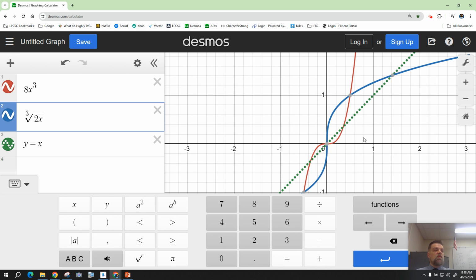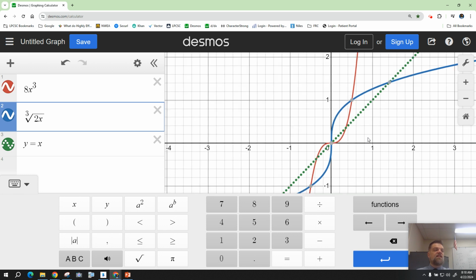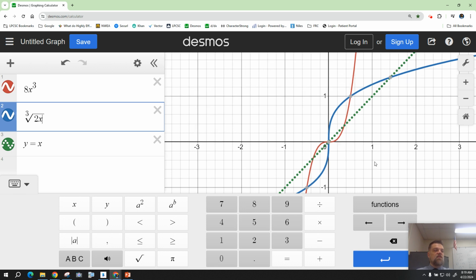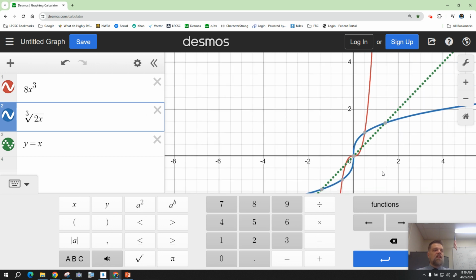For a second, it almost looks like they're symmetrical, doesn't it? But what do we know about this? They look symmetrical, but are they symmetrical about the diagonal?